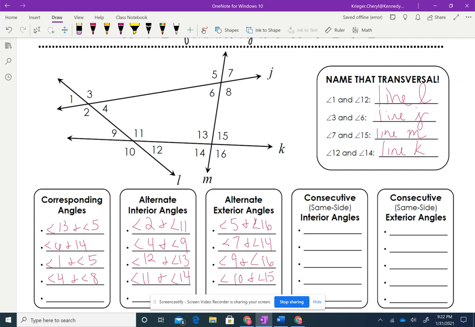Consecutive interior angles. Same side interior. Okay, so let's choose J. If J is a transversal, this would be the interior. Okay, and same side would have to be angle 4 and 6, angle 3 and 5.